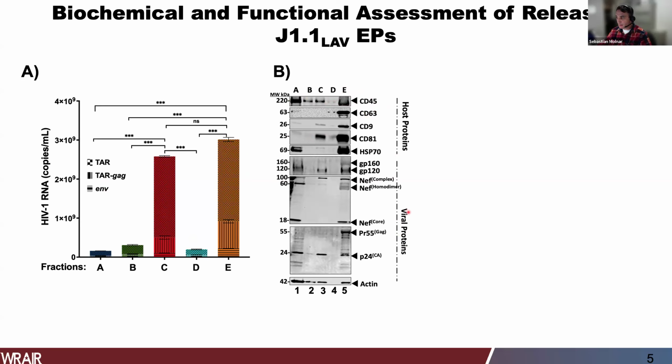For the viral proteins, we observed the presence of gp160 and gp120, and various molecular weights for Nef and Gag in fractions A, C, and E, with a single p24 band in fraction C, indicating that the Gag in that fraction is protease processed, as was detailed before in the literature.